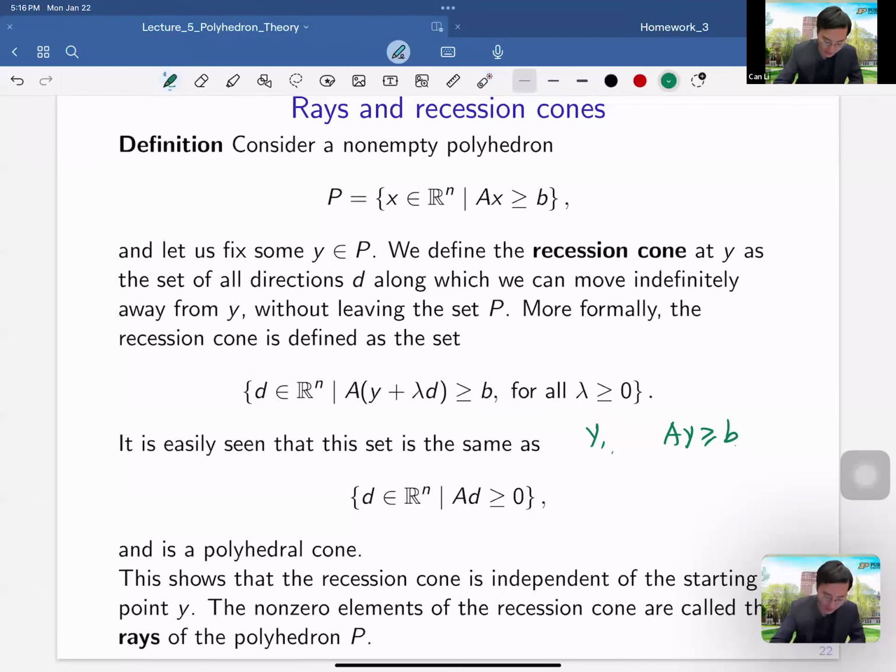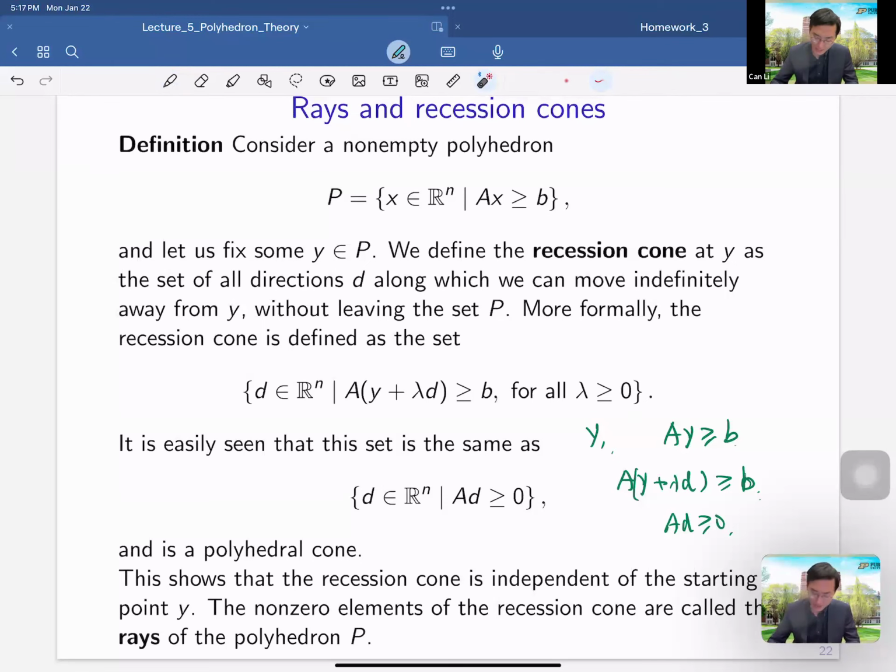Why that is the case, it is very simple to show, right? Because you already have Ay greater than or equal to b. We only need to show A(y plus lambda d) has to be greater than or equal to b, right? And since Ay greater than or equal to b holds, and also AD greater than or equal to 0, it is very easy to show that this constraint must hold.